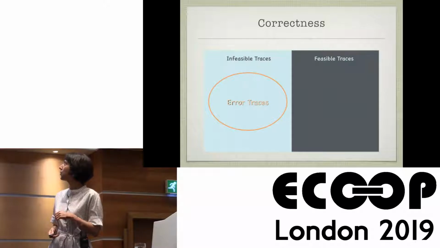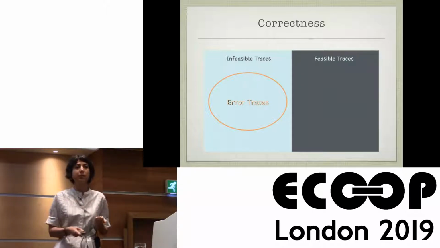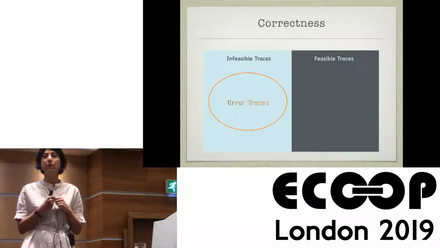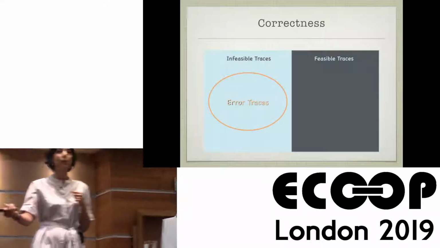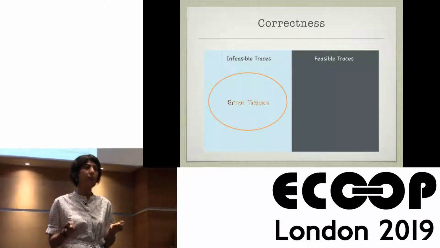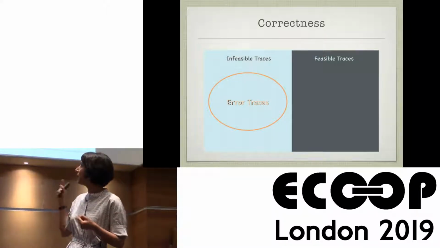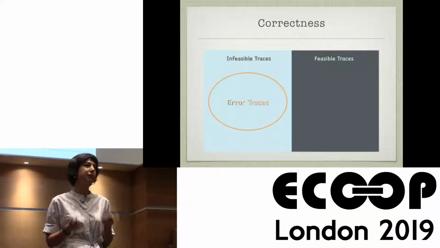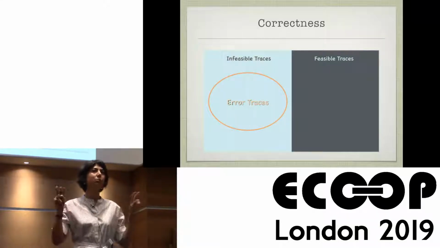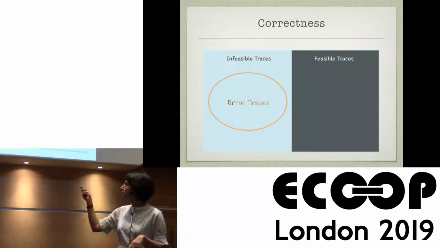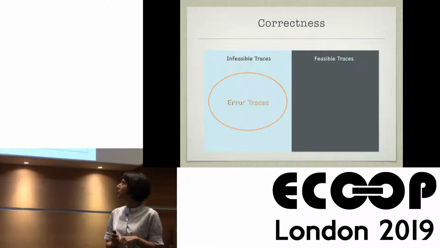The convenient notion is to take the error traces of the program. Think about these as traces that violate the postcondition, or traces that go to an error location of the program, something that violates a property we care about. If I show that all the error traces of the program are infeasible, I have effectively proved the program correct. So this is my new proof rule. Now, my job is to show that all the error traces of the program are infeasible.